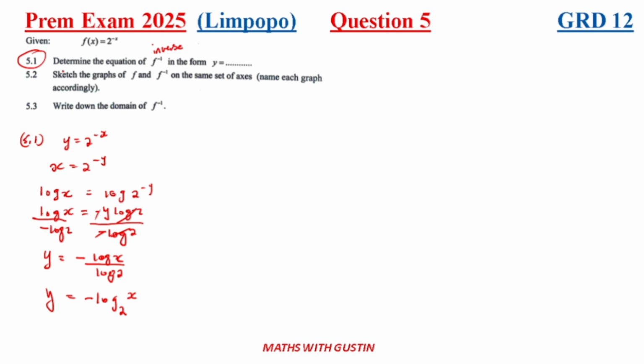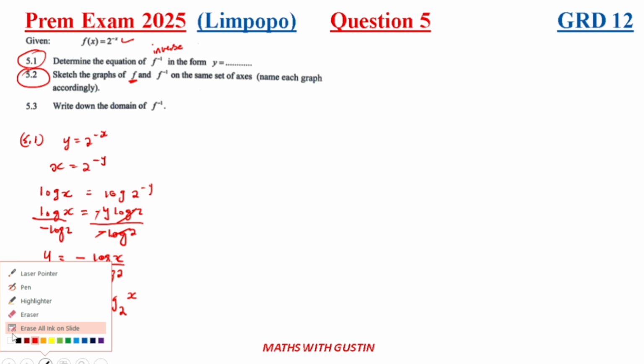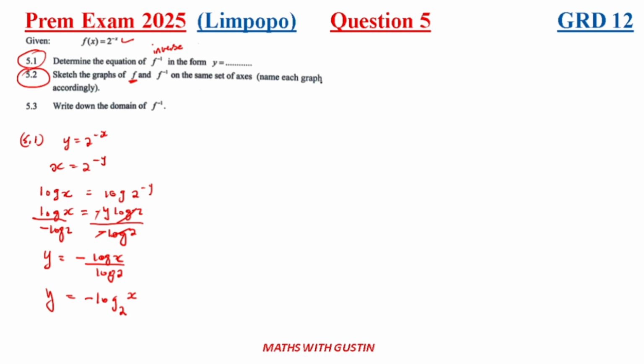Right, great stuff. Okay, 5.2 said sketch the graph of f of x, which is this one here, and then also sketch the inverse, which is this one here, on the same set of axes. Name each graph accordingly. All right, so now let's come here. Now let's plot this. We're going to have our axis there. This is 5.2. All right, let's do our sketch. There it is there.